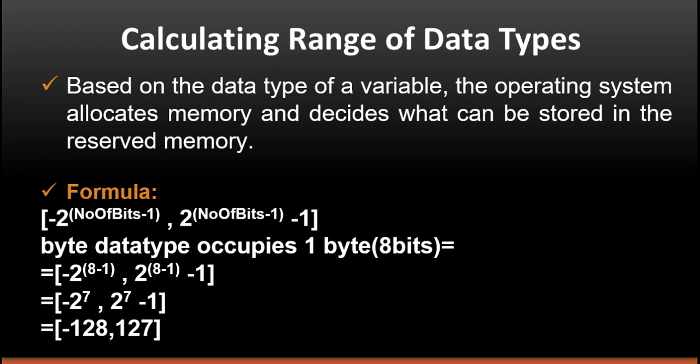Next is calculating the range of data types. Based on the data type you have declared for a particular variable, the operating system allocates memory and decides what can be stored in that memory.